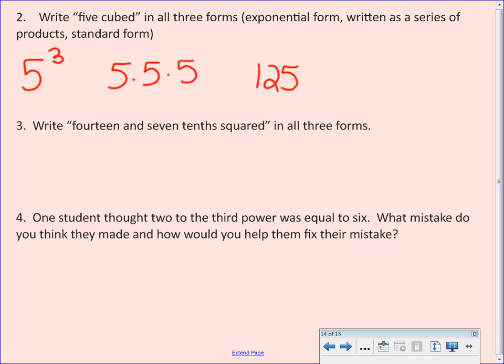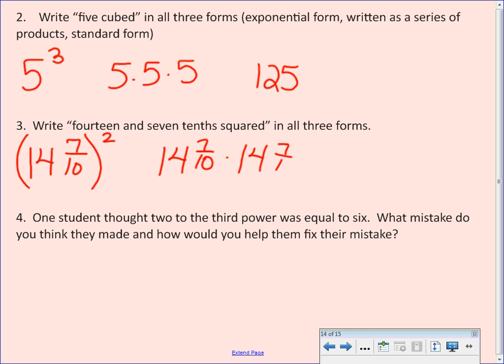Write 14 and 7/10 squared. So we have 14 and 7/10. This whole thing is squared. So that would be 14 and 7/10 times 14 and 7/10.